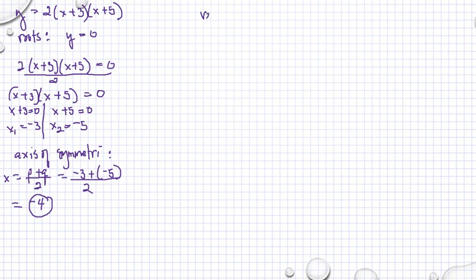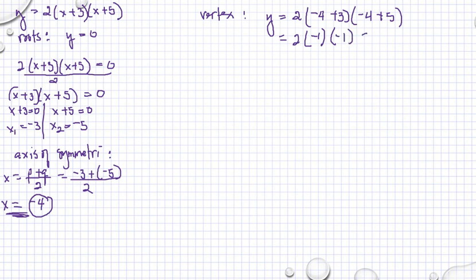And our vertex: we have y is equal to 2 times, our x here is negative 4, negative 4 plus 3, and then negative 4 plus 5. Then we have 2 times negative 1 and 1, which is negative 2. Okay, so then our vertex is negative 4 and negative 2.